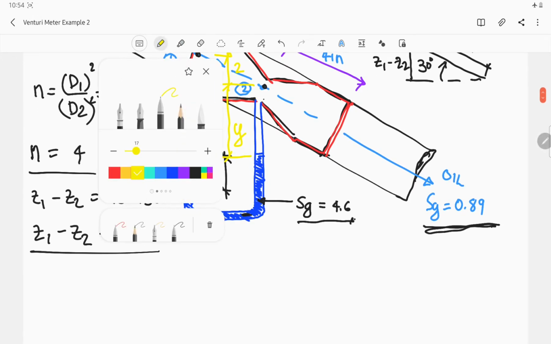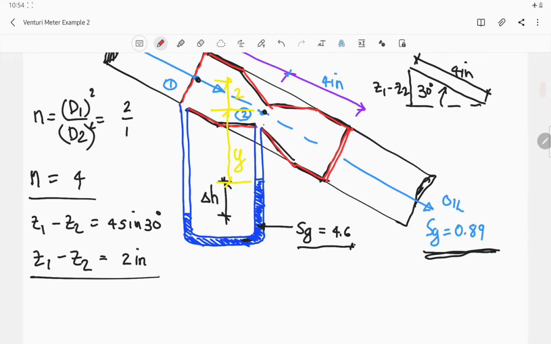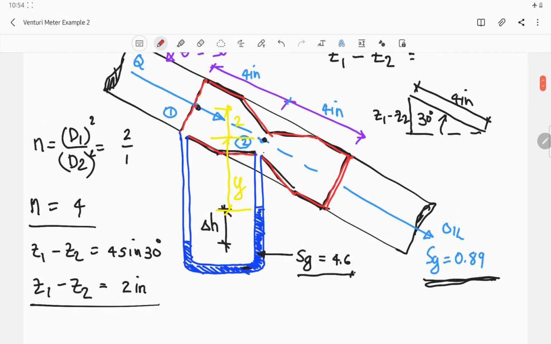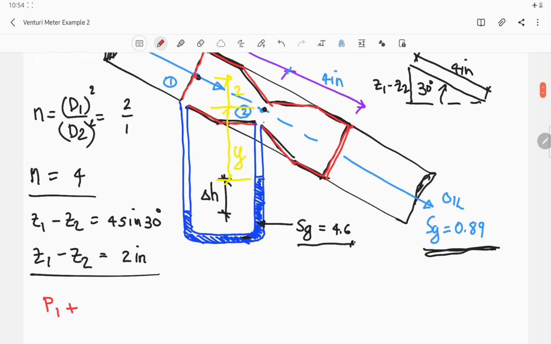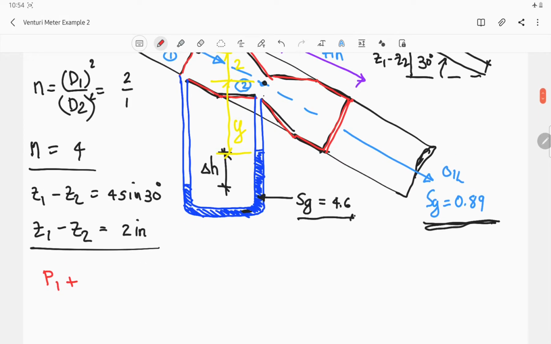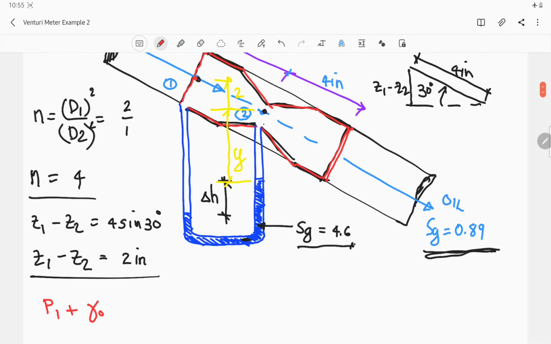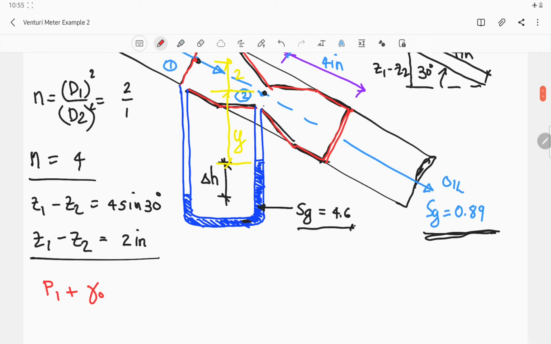Okay, we'll start at point 1, P1. P1 plus, going downward, gamma of oil times 2 inches, which we express in feet, so times 2 over 12.